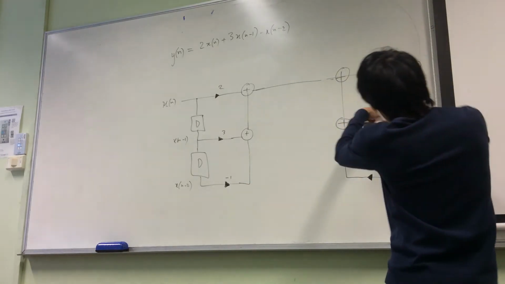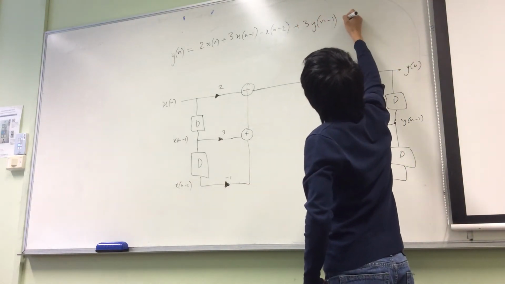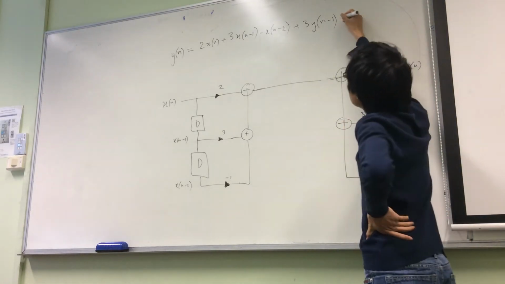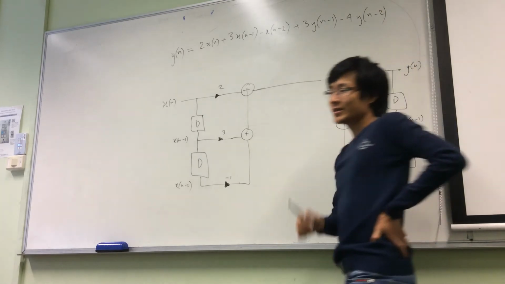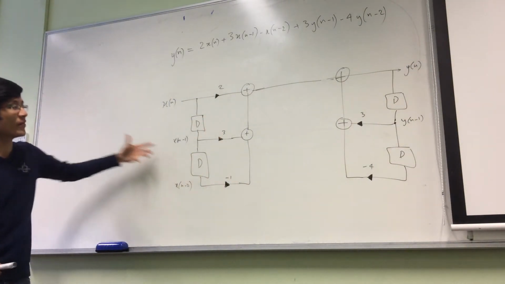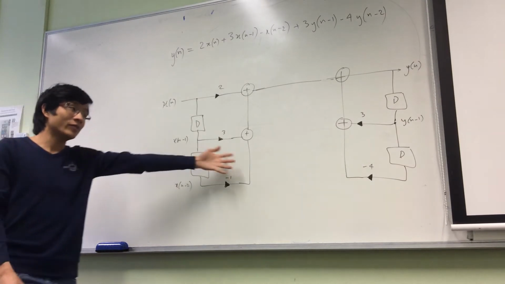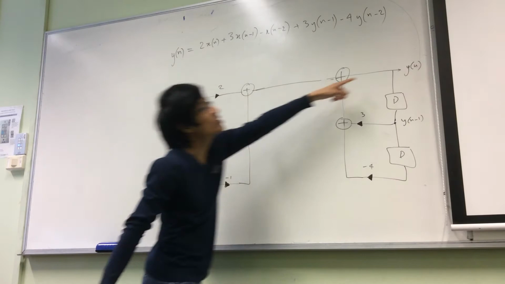And then the same way, yn, that's 3yn minus 1 minus 4 yn minus 2. Yeah, that's it. This one is called difference equations, the system that has both the feed forward and feedback. This is input, this is your output.